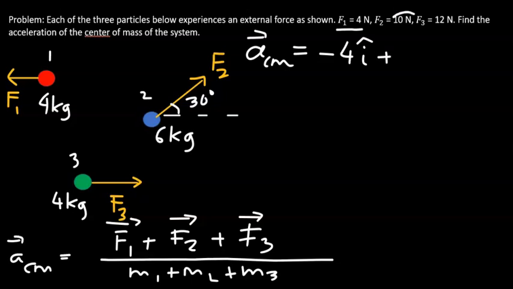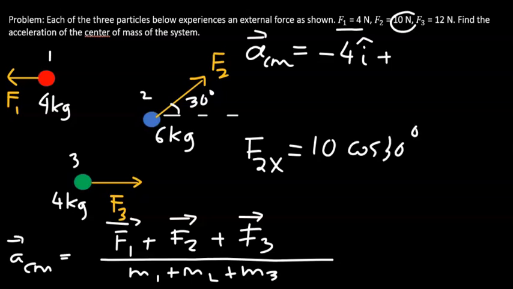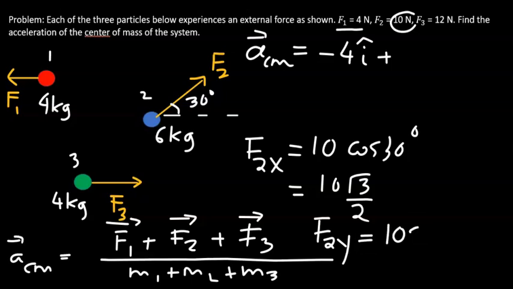The magnitude of F2 is 10 newtons, so the x component is 10 cosine 30 degrees. Now cosine 30 degrees is square root 3 over 2. Likewise, the y component of the second force is 10 times sine 30, which is 10 times half.